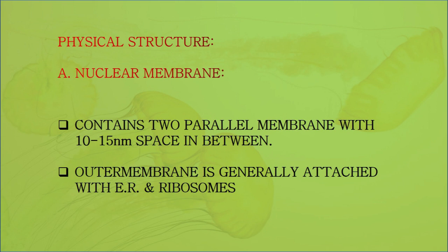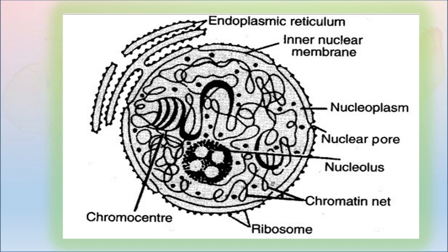The outer membrane is generally attached with ribosomes and appears granulated or rough. The outer membrane also continues with the endoplasmic reticulum, the cellular reticulum, which is the modification and assembly hub of proteins.